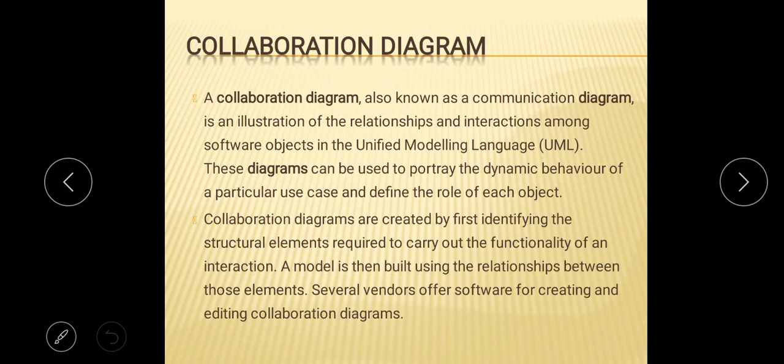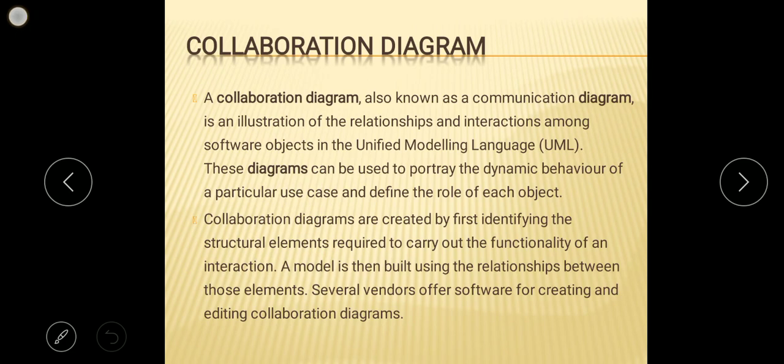Now we are going to discuss the collaboration diagram. A collaboration diagram, also known as the communication diagram, as we have seen in the diagram chart, is an illustration of the relationships and interactions among software objects in the Unified Modeling Language, or UML. These diagrams can be used to portray the dynamic behavior of a particular use case and define the role of each object.